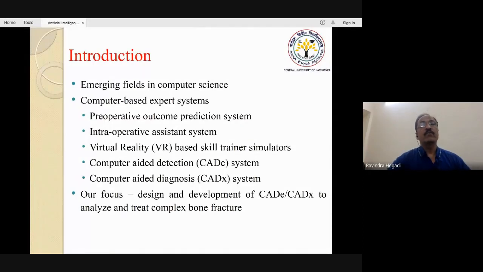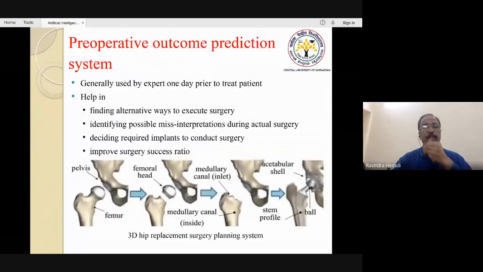So here we will focus on the design and development of computer aided detection as well as computer aided diagnosis systems. Our focus will be on the design of these things, and basically we start with the data collection, and then how we use the approach for the design of such systems, and also to analyze and treat complex bone fractures, we are going to focus on in our presentation today.